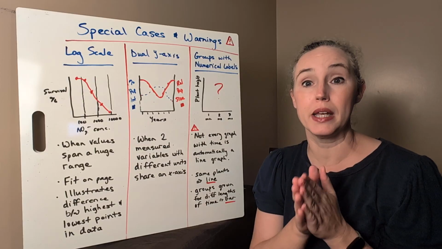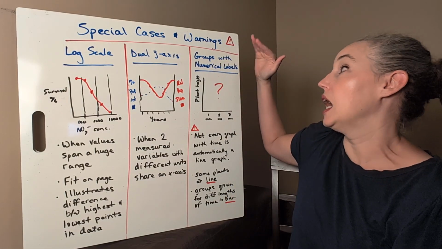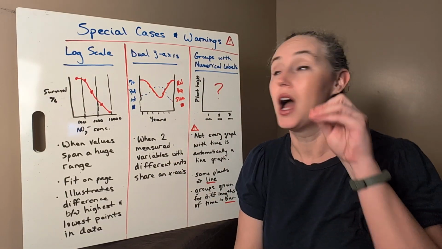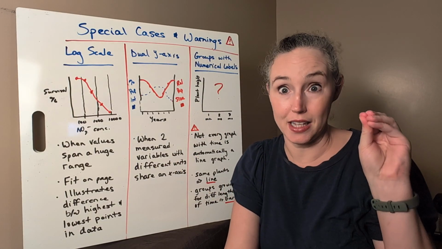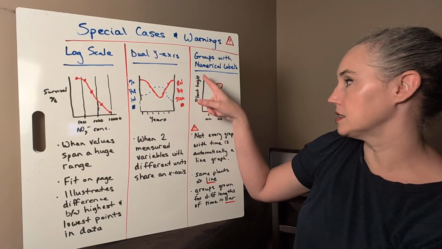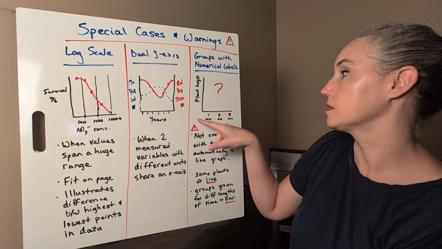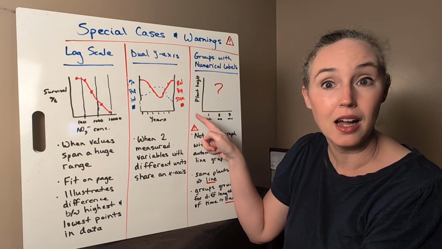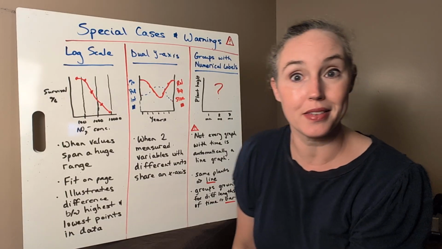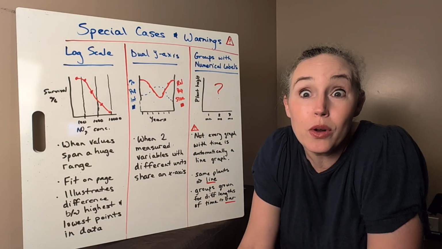Now, one big warning, and I mentioned this earlier: you have to watch out for groups with numerical labels. Let's say, for instance, you have plant height on the y and 1 month, 2 months, 3 months on the x. What kind of graph do you make? Well, we don't know.